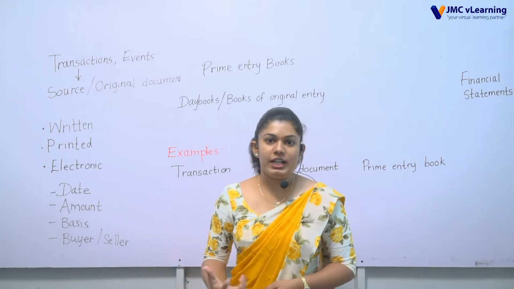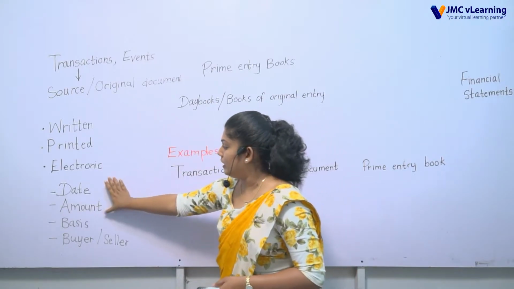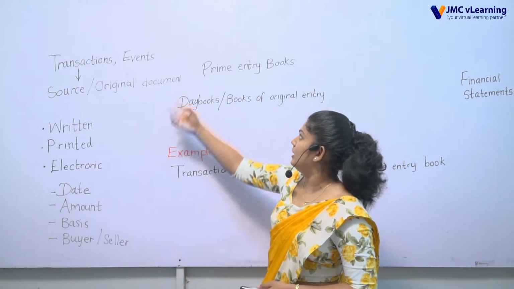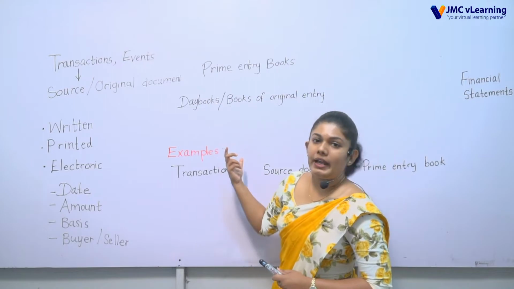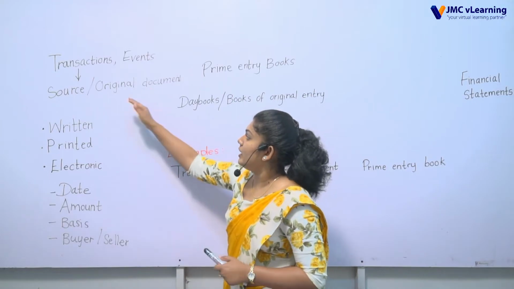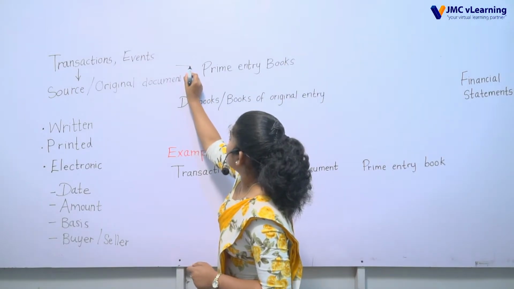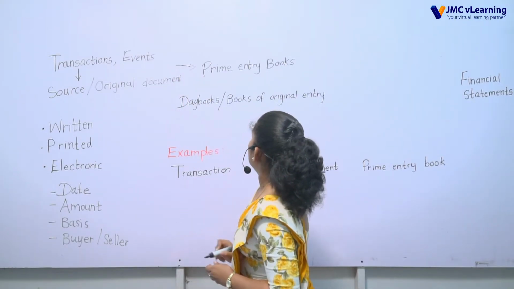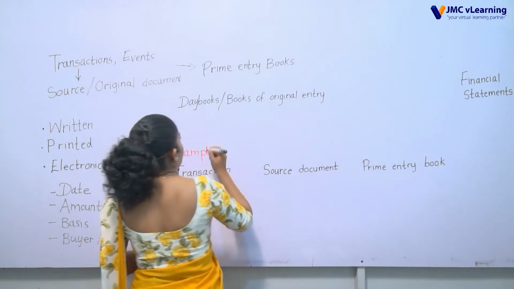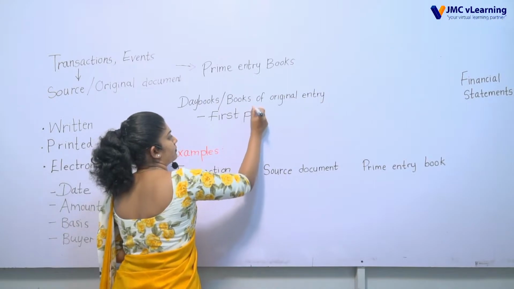Books of original entry means this original document has generated these details, so these details are extracted from here to this particular place, prime entry books. Therefore, the details of a transaction are first recorded in the source document, then we extract those transaction details to prime entry books. So, prime entry books, you have to remember, is the first place to record this information.